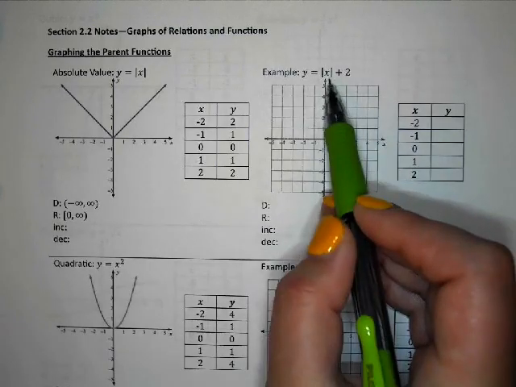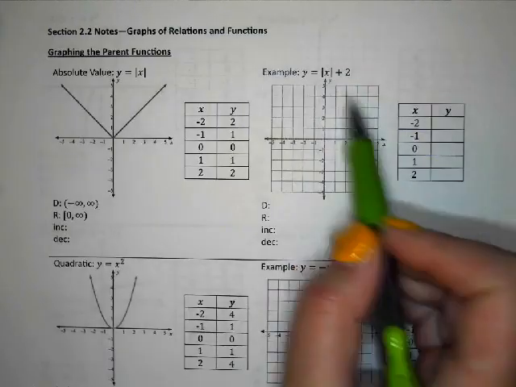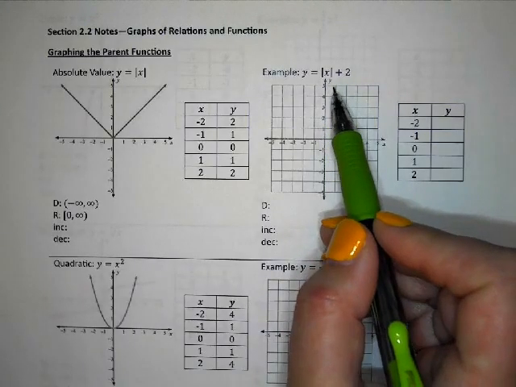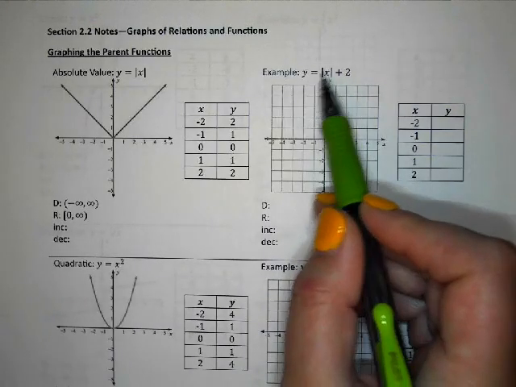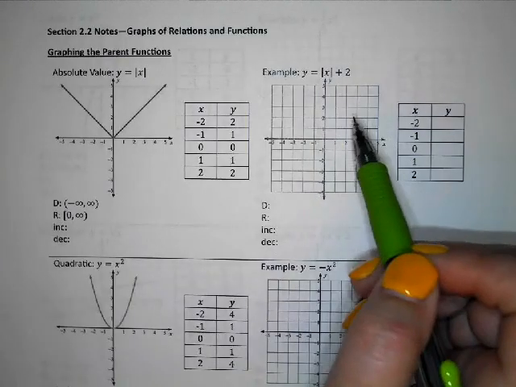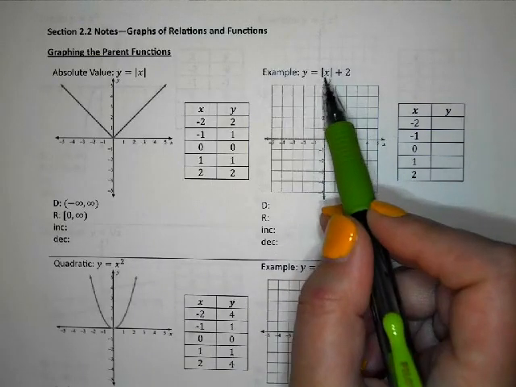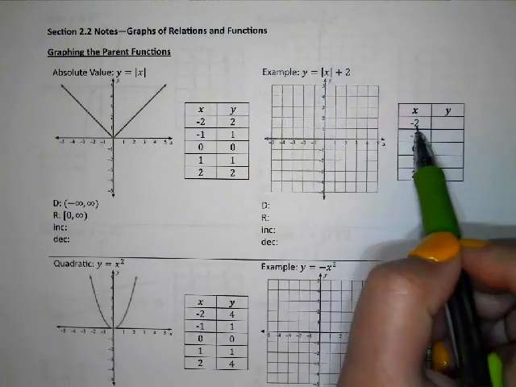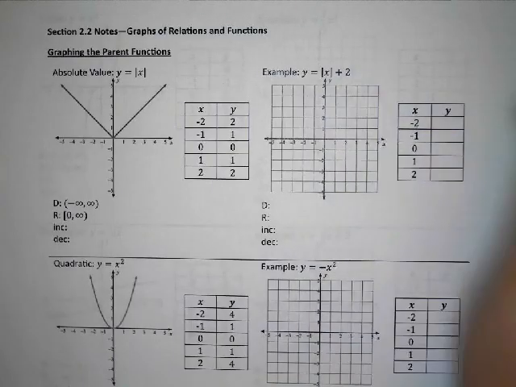So here we have the absolute value of x plus 2, and when we plug values into the absolute value of x, we know that absolute value symbols, those vertical lines, just take whatever number is inside and force it to become positive. So the absolute value of negative 2 is positive 2, plus 2 is 4.